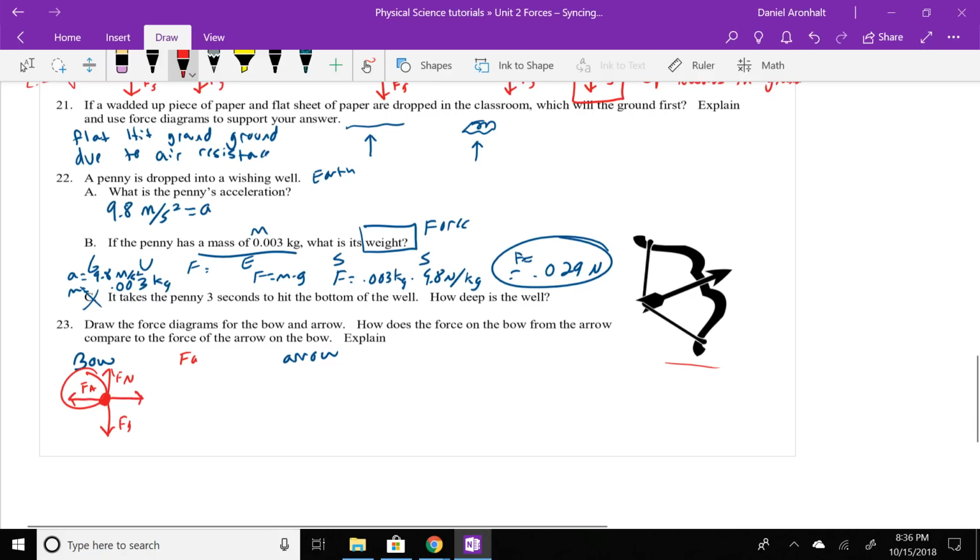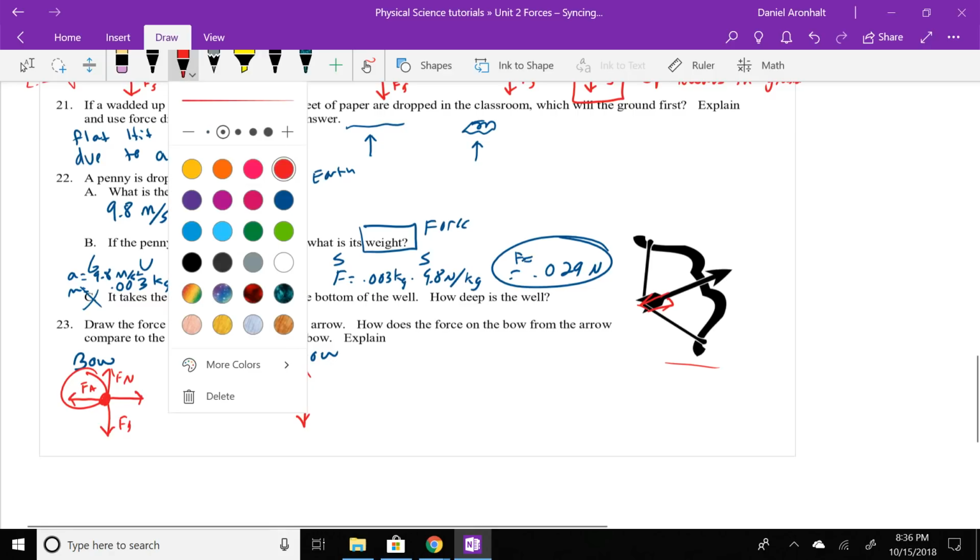And let's do the arrow over here. The arrow, you got gravity and support, holding it up. But what we really care about is that if the arrow is being pressed this way, then the bowstring is pressuring on the arrow with the exact same amount of force the other way.